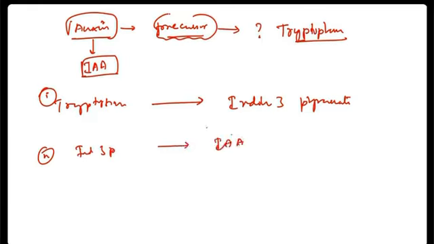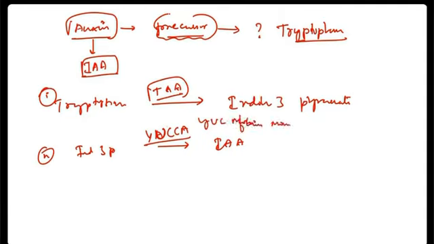There are two main enzymes here. One is transaminases in the first step, and secondly, I don't know whether you have heard about this enzyme or not, it's YUC, flavin monooxygenase.